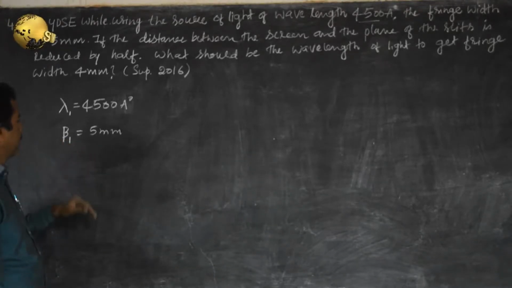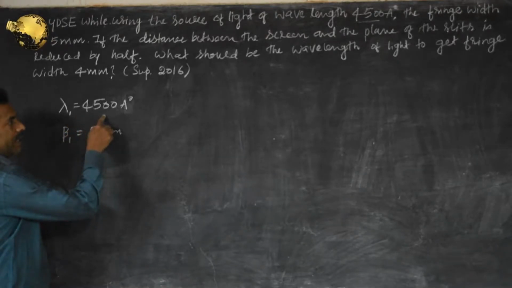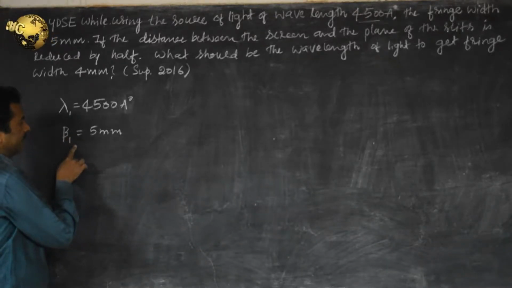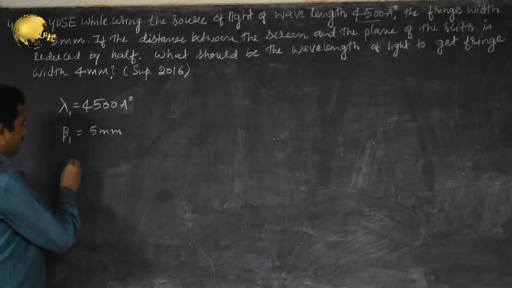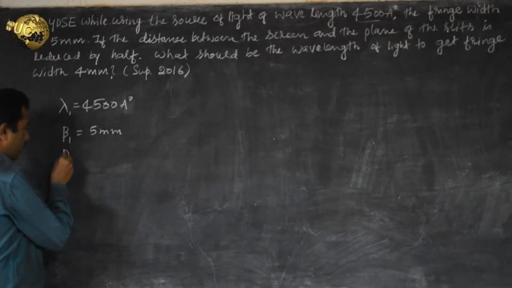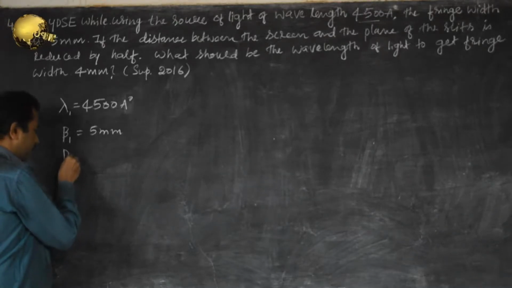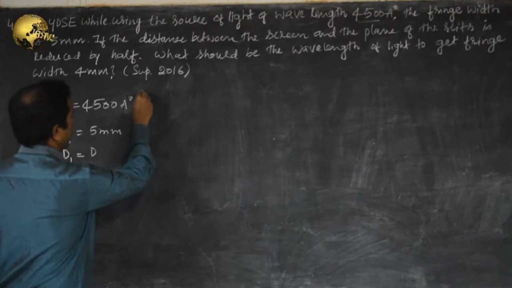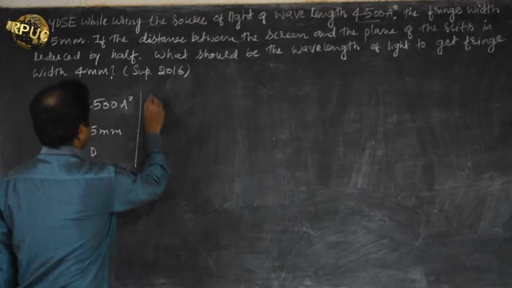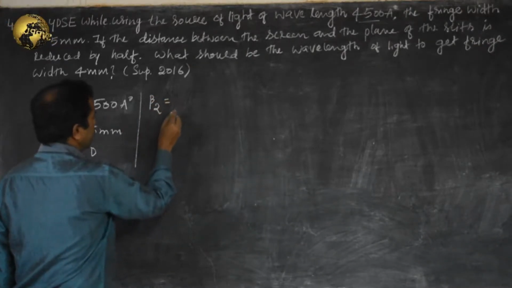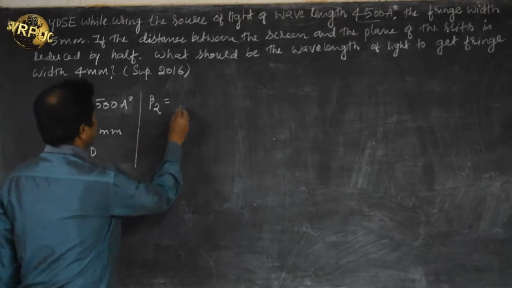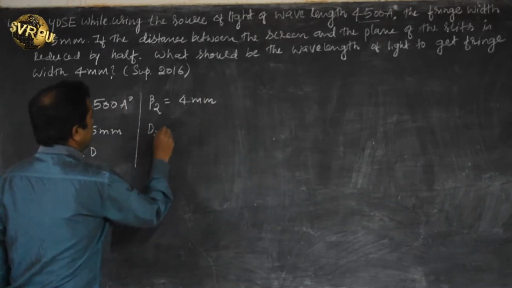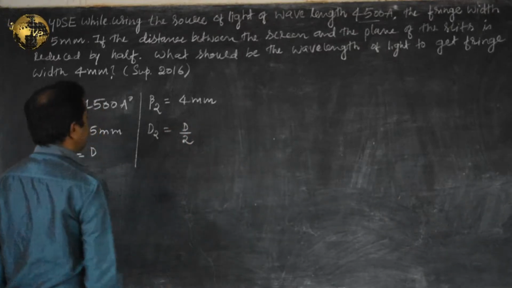In the first case, lambda 1 is the given wavelength of light, 4500 angstrom, and the fringe width beta 1 will be equal to 5 millimeter, and the distance between slit and the screen, D1, is equal to D. In the second case, beta 2 is equal to 4 millimeter, and D2 is equal to D by 2.